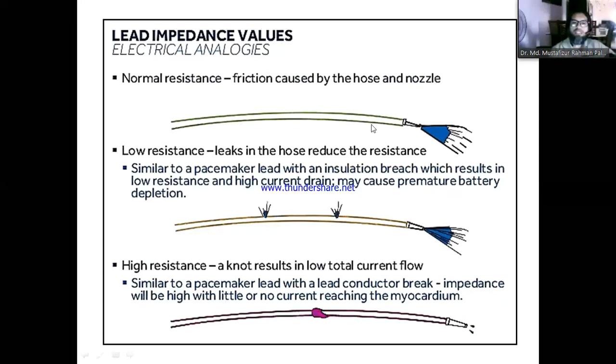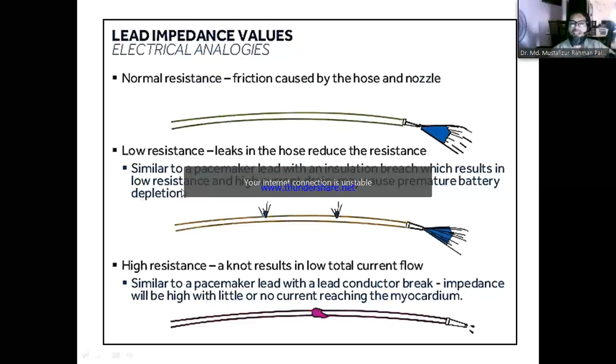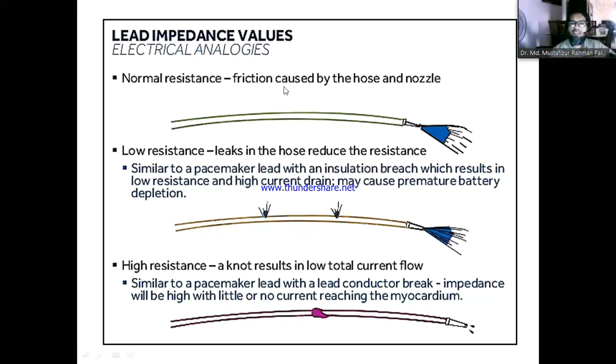That is the normal resistance, the friction caused by the hose pipe. This is the example commonly given. You have possibly already noticed this example, the hose pipe and the nozzle. The normal resistance is the hose pipe, and the nozzle is there. So the fluid or water is passing through a definite resistance.